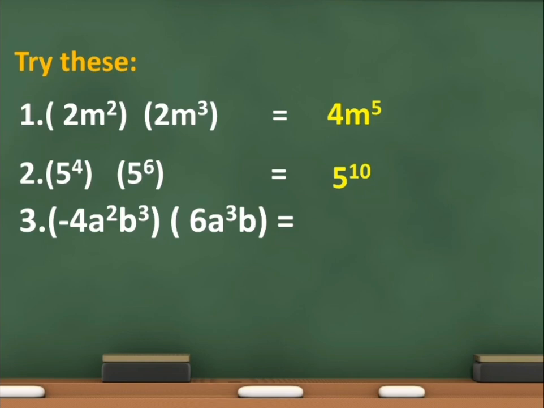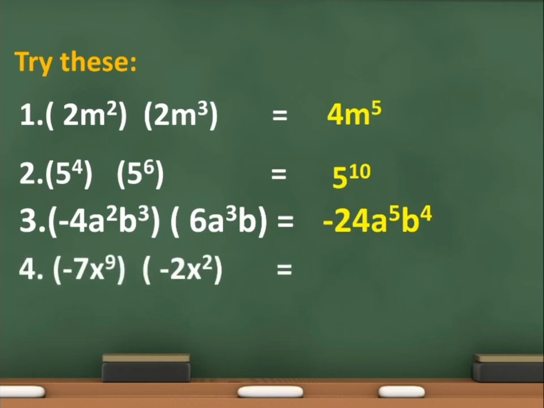So our final answer is negative 24 a to the 5th power and b to the 4th power. Okay, next, number 4. Negative 7x to the 9th power times negative 2x squared. So since negative times negative is positive, so we have positive 14x raised to 11th power.